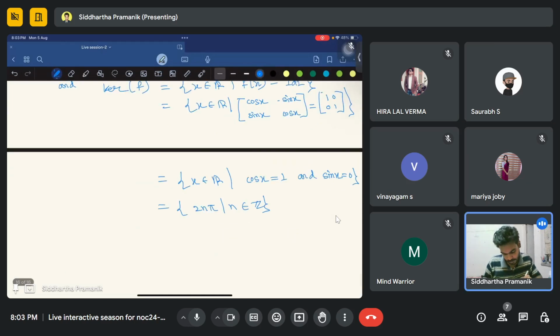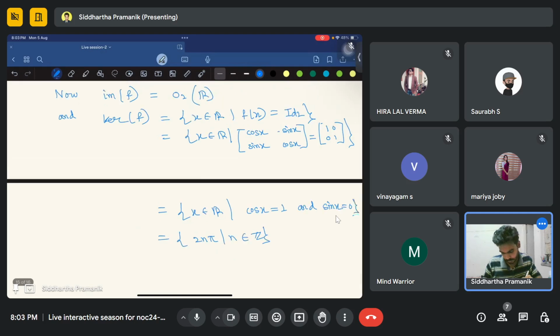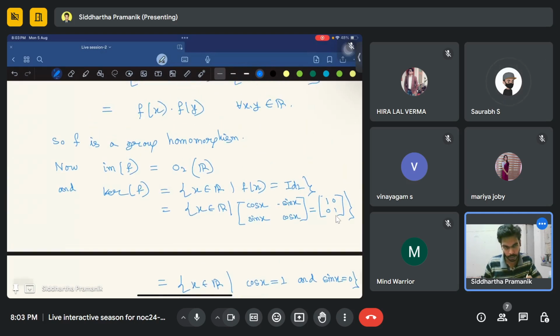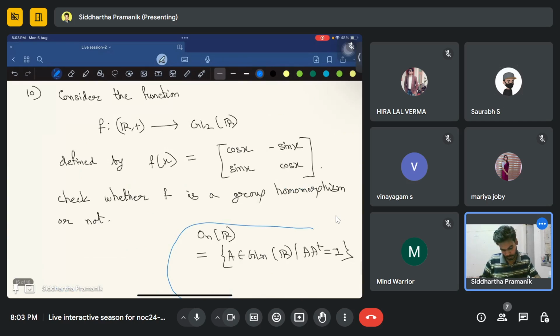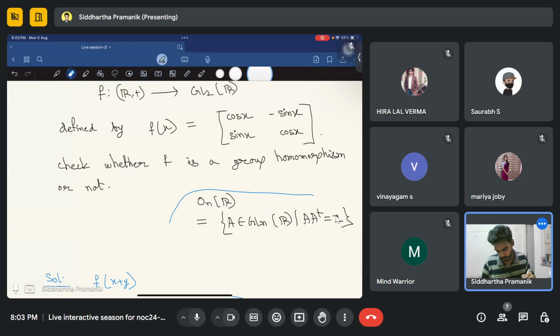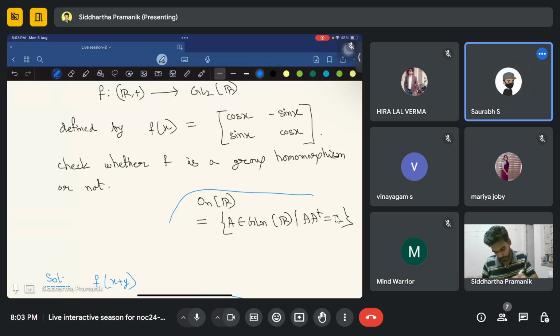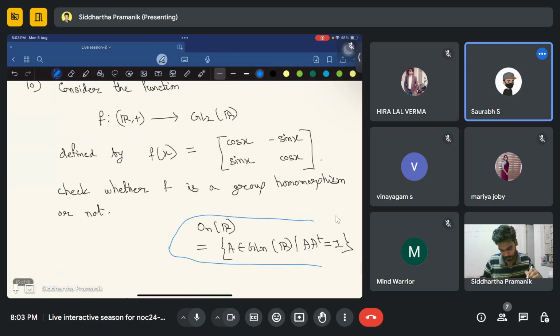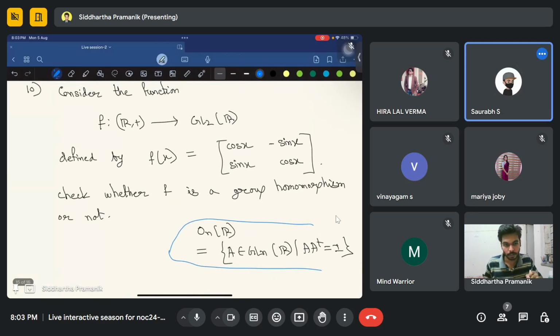So the kernel is the multiples of 2 pi and the image is O_2(R). Okay, I hope this one is fine.